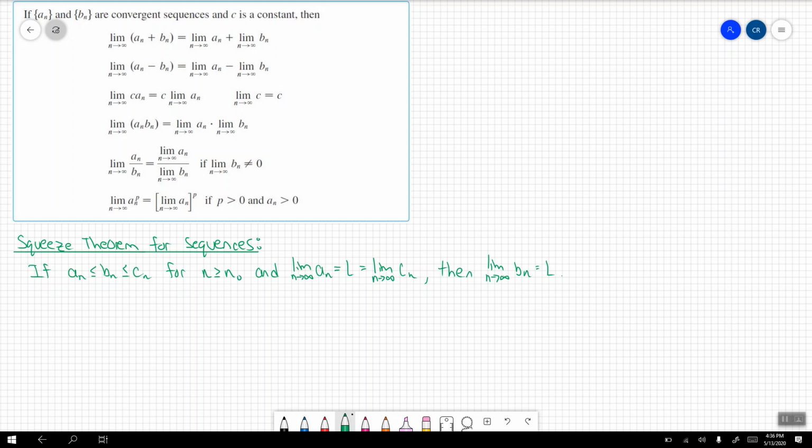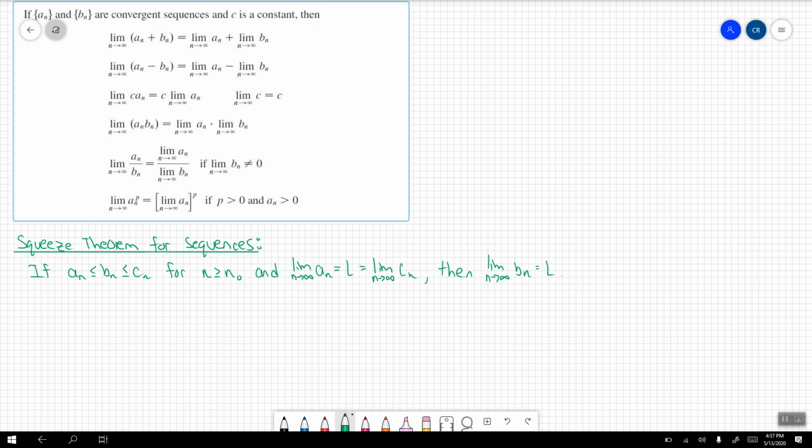This works very similar to the squeeze theorem that you learned back in Calc 1, which said that if you can bound a function by two different functions, one on top and one at the bottom, and as x approaches a the upper and lower functions converge, then so must that middle function.